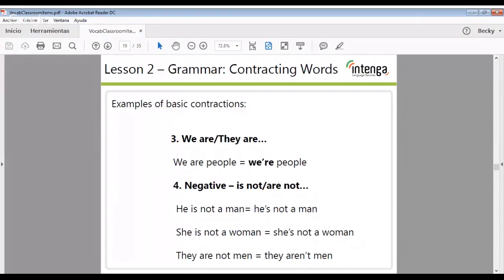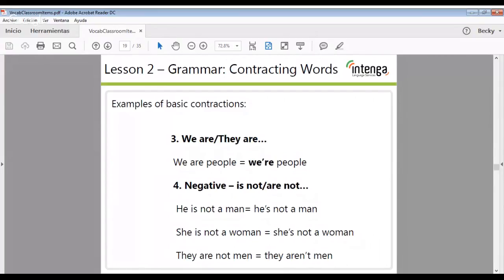Okay, so it sounds a little confusing here. I think, for example, we are people, we're people. Go ahead, sorry. That's okay. It's just to emphasize when it's contracted and when it's not contracted, because really, it turns into a different word.